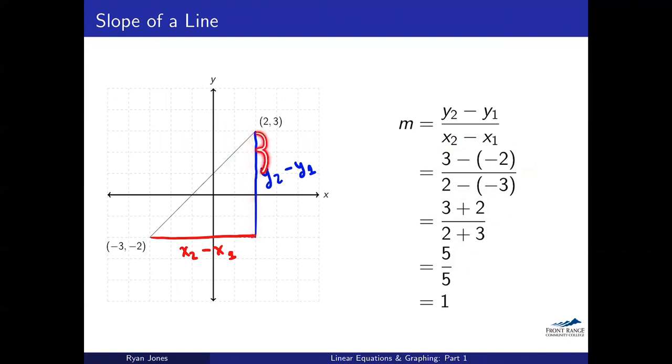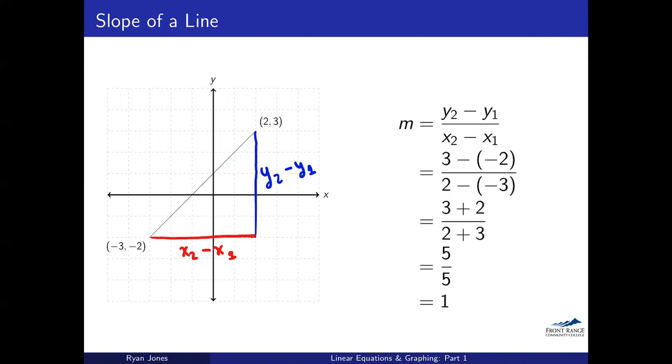I have my 1, 2, 3, and then I have going down -2, so I have another 2 that I have to go down, and that's 5 in total. And then same exact thing with the x2 minus x1. I am taking the difference between 2 and -3. That's exactly what you can see on the bottom here. I get 5 as well. And so we have this counting of five tick marks, if you will.